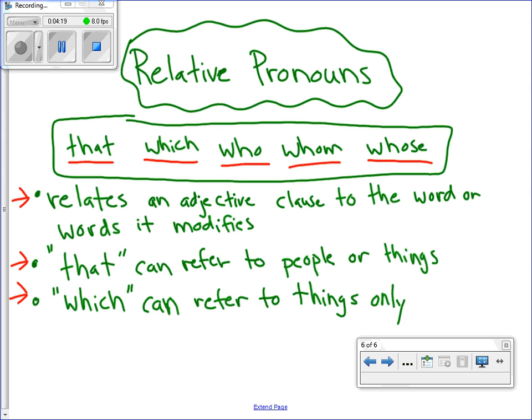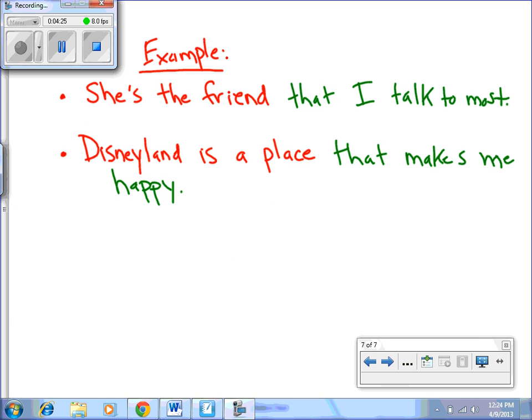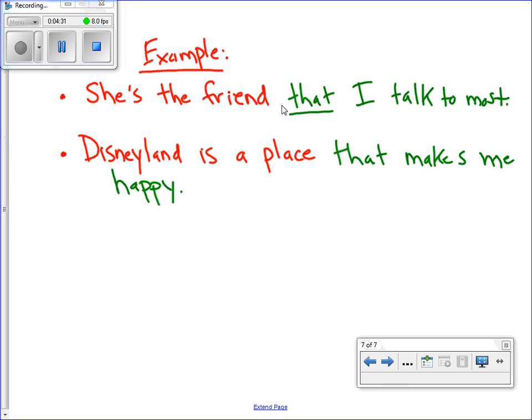However, the word which can refer to things only. She's the friend that I talk to most. Here's our relative pronoun, that. And this whole clause is describing which friend. The friend that I talk to the most.